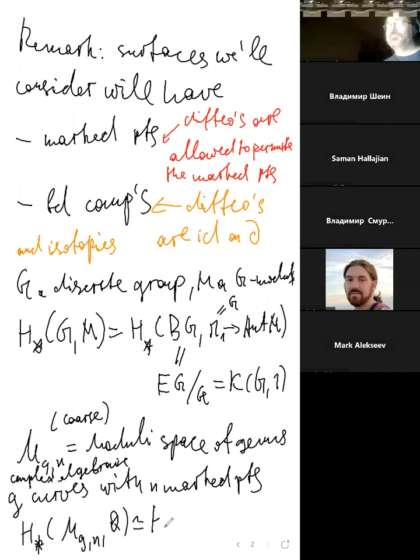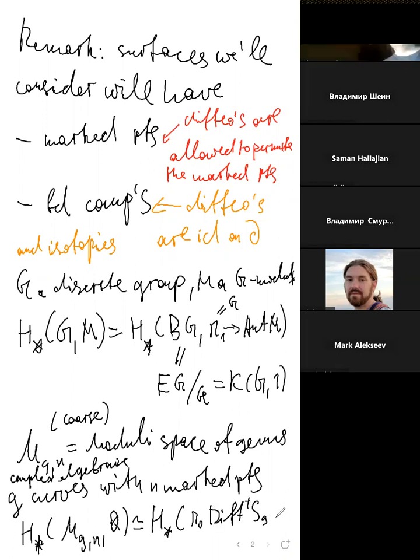Now, here, n stands for the number of marked points, not boundary components.